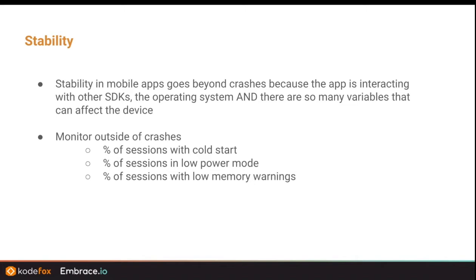That produces a very poor experience for the user. And so how I like to evaluate that is taking a look at the percentage of sessions where the user is in low power mode and making sure that that measurement stays the same release over release. If it happens to increase in one particular release, maybe you've introduced a feature that is draining battery.